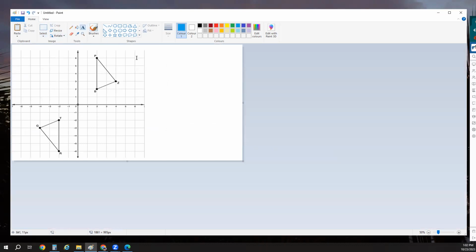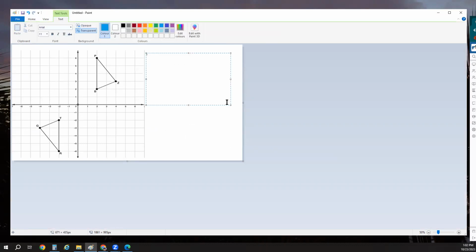So the algebraic description or the written description is, I've got to make that bigger so you can actually see. Let's do 48. This is a 180 degree rotation about the axis.